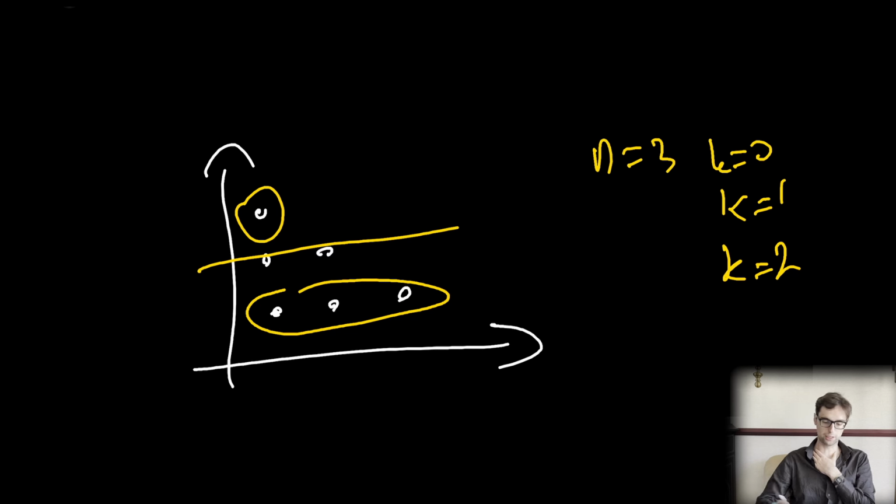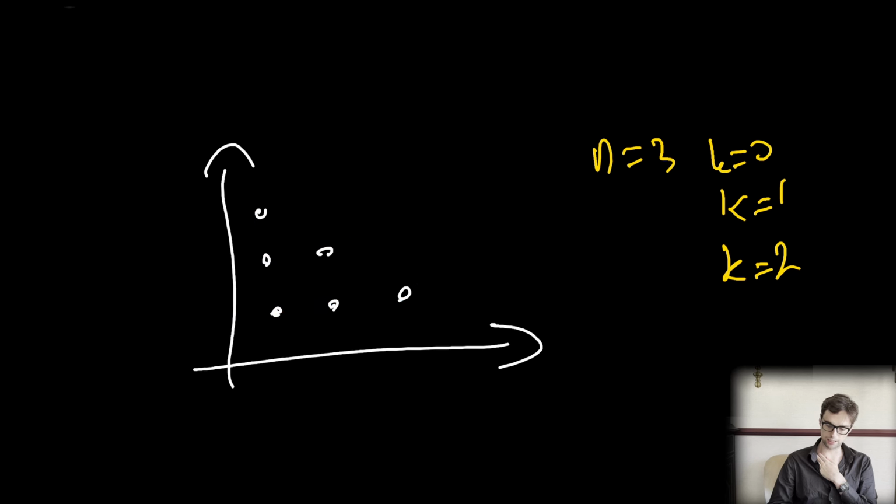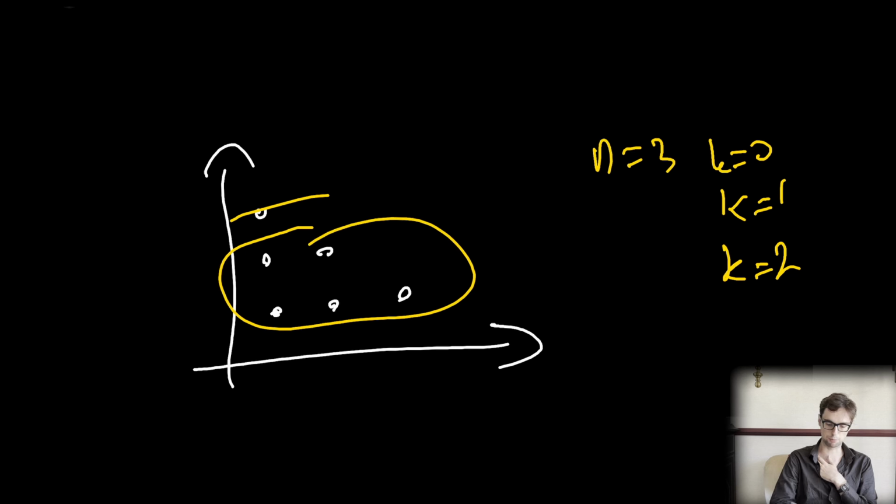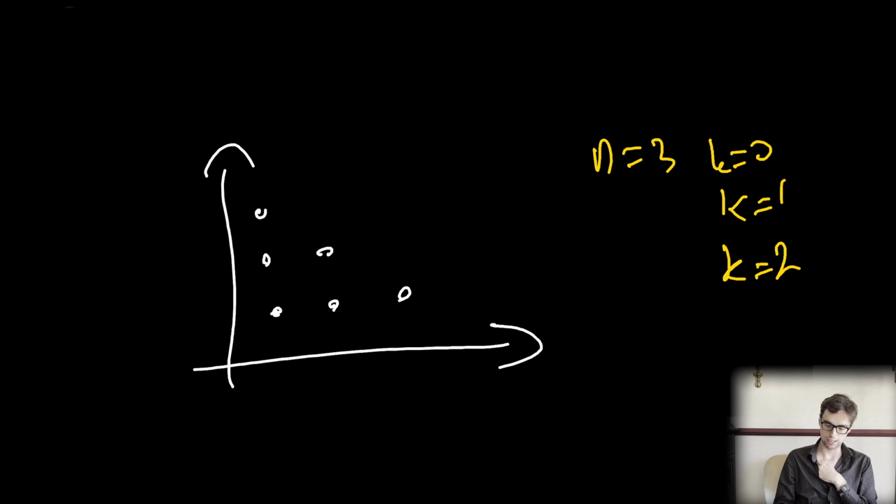Whatever we do, we can only connect this point with one of these, and the other 2 need to be on the same line. So that's not going to work out. And of course, finally, just doing this, we have 5 points. These 3 points, 2 of them need to be on the same line because there's 2 lines, and it doesn't work out. So we see that k equal to 2 is not going to work.